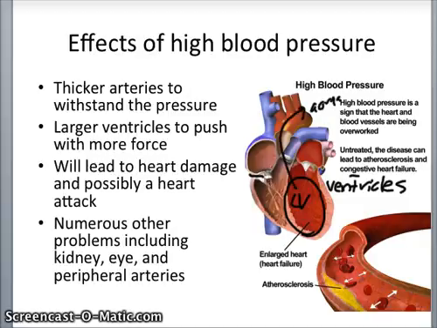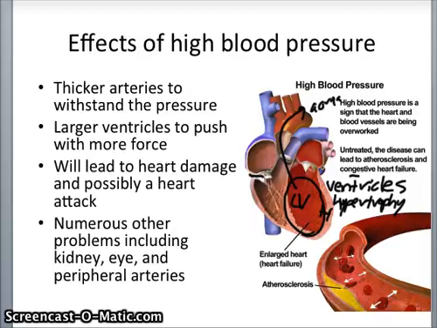So generally that one's going to be the most affected. And then hypertrophy just means larger. Alright, so this is already a large muscle here. But it will just get larger as it gets more and more work. That's what muscles do. They get larger, but eventually it's not like a bicep or something. It will just eventually get worn out and get too large, which will actually cause problems to the heart.